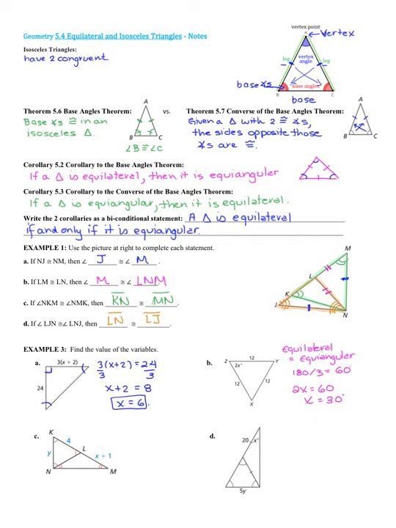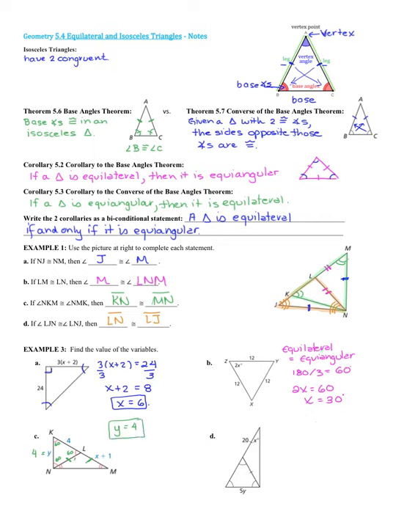Okay, now we come down here. Oh, I like this one. All right, so I'm going to mark some stuff up. So I find my congruent angles. That means this is going to be congruent to this. And I know these are all going to be 60 because it's equiangular. And that means it's also equilateral, which means we know that y will be 4.